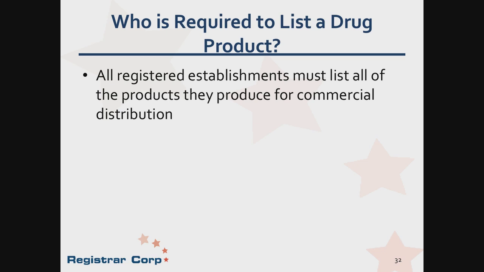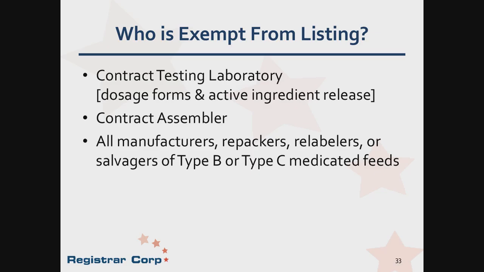All establishments, with few exceptions, that manufacture drug products and are subject to registration are required to list the drug products. The few that are exempt from listing drug products are contract testing laboratories, contract assemblers, and all manufacturers, repackers, relabelers, or salvagers of Type B or Type C medicated feeds.